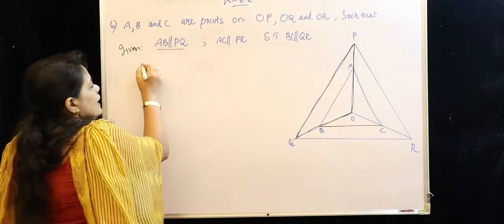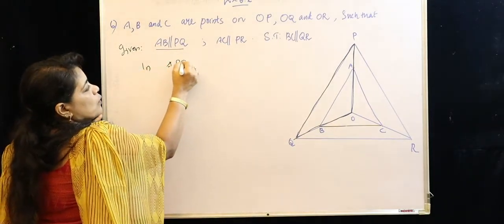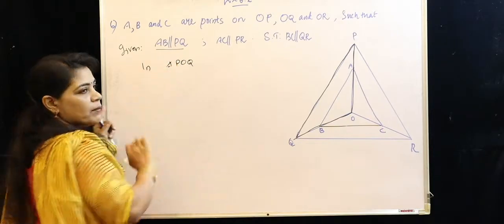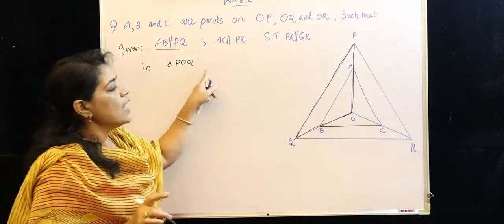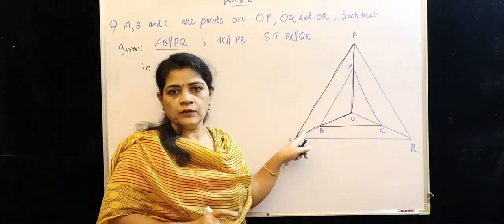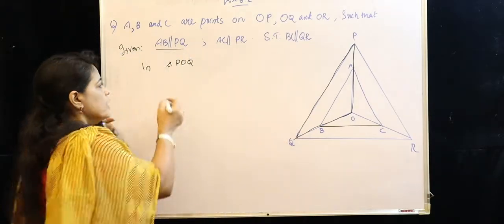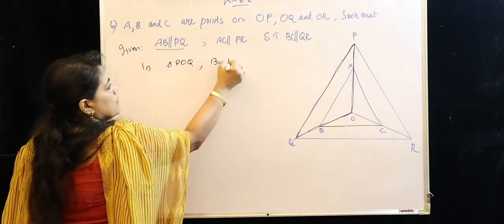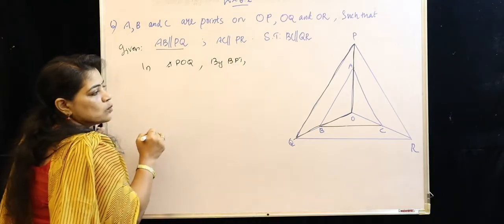So in triangle POQ, since AB parallel to PQ, by BPT, what can you write?